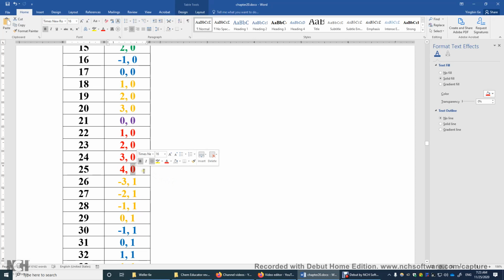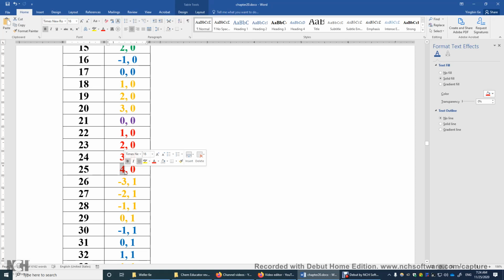Alright, so only one row, M sub S can only be 0. Now you need to look for the other rows with M sub S equals 0. M sub L should be a series of numbers from negative 4 to 4. So again, this is the largest M sub L. And that tells us the value of L is 4.